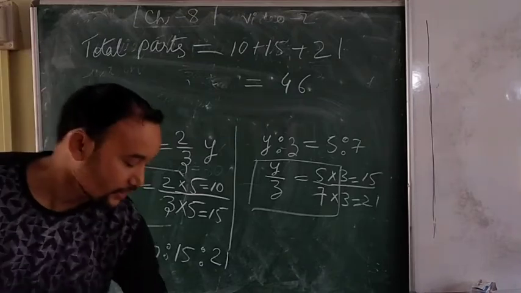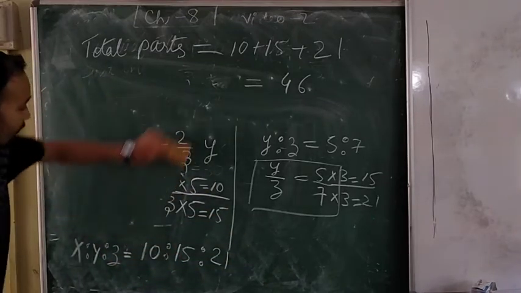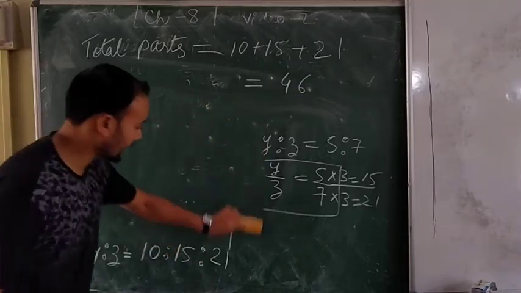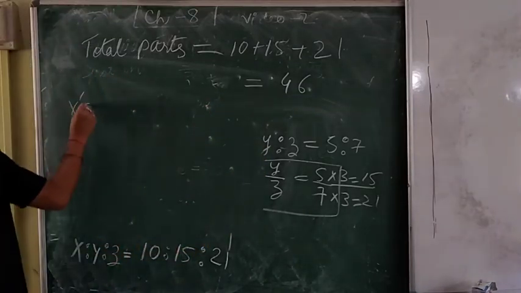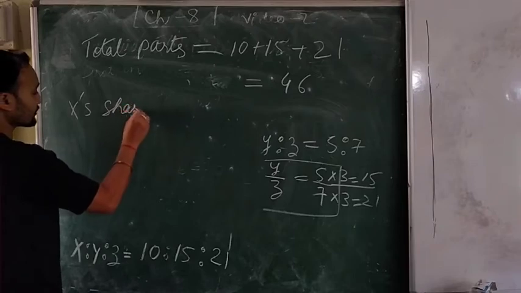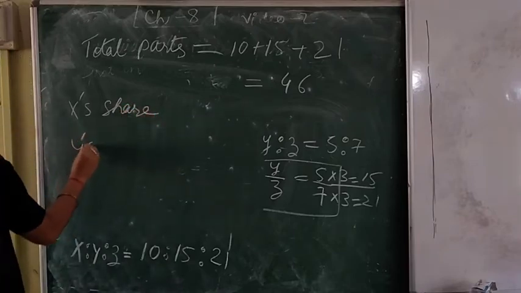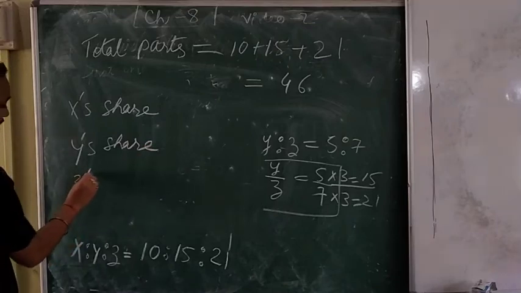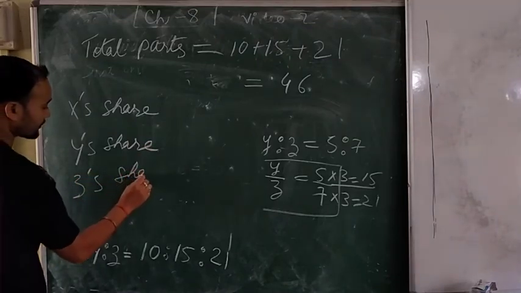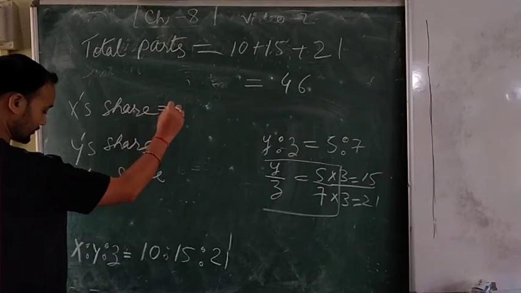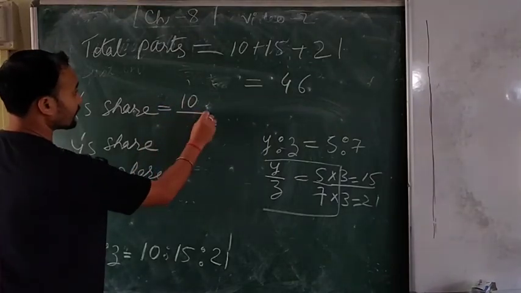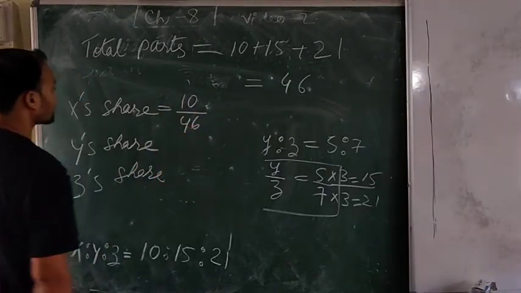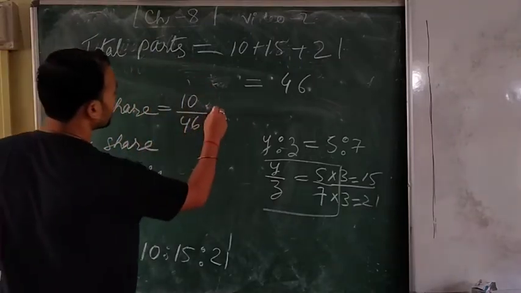So, X share, Y share and Z share. X share is equal to 10 out of 46 of rupees 414.